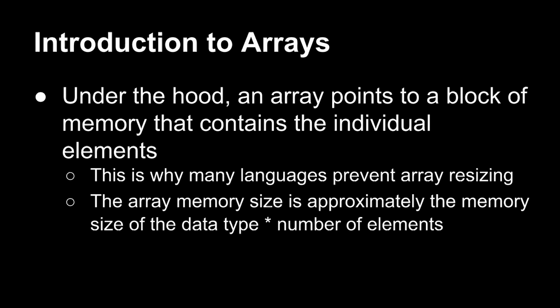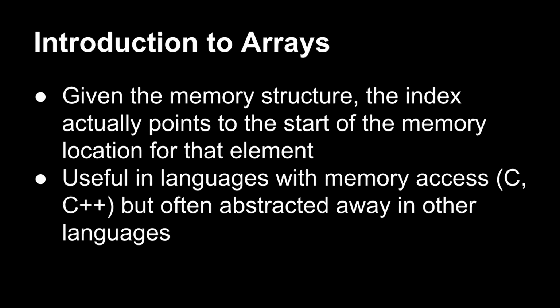So you would get into situations where you need to keep it all together for pointer arithmetic. And that's why historically a lot of programming languages, especially static compiled languages, would not allow you to change the number of elements. So given that memory structure, I hope the 0th index makes a little more sense, because what you're talking about is start at the very beginning of the memory allocation.